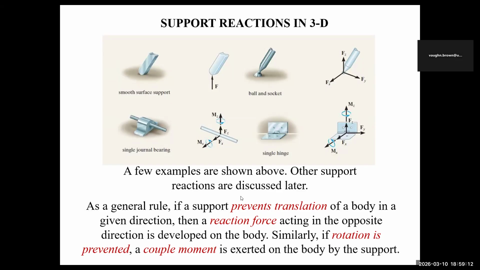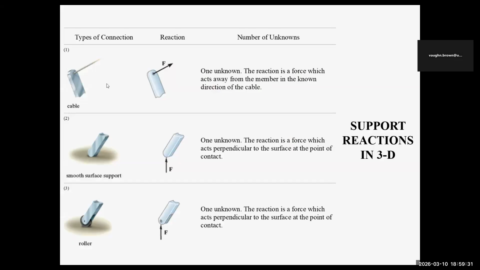In general, if the support prevents translation, which prevents it from moving in a given direction, then a reaction force acting in the opposite direction is developed on the body. Similarly, if rotation is prevented, a coupling moment is exerted on the body by the support, right? So we establish all of that, and we remember these again. One unknown, one unknown.